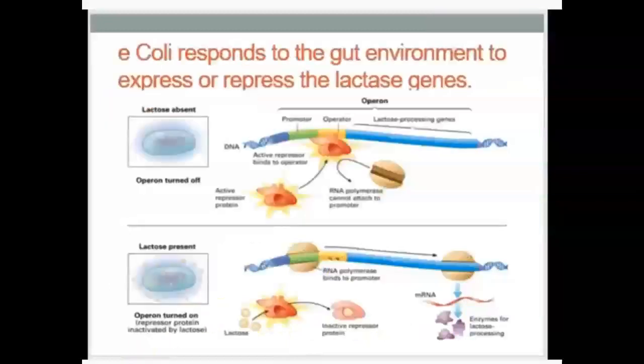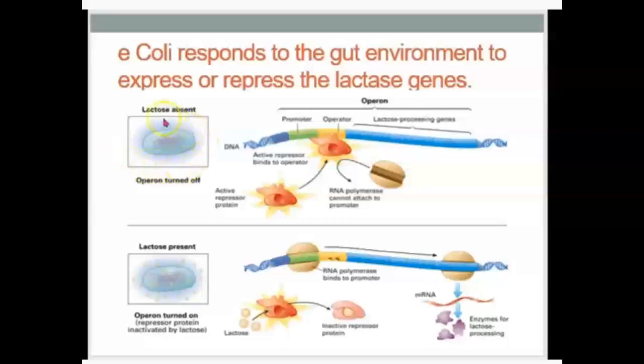E. coli responds to the environment it lives in, or your gut, in order to know whether to express or repress the lactase genes. E. coli prefer to eat glucose because it's the most simple form of sugar, but lactose is a collection of glucose and galactose, so it needs to be broken down before the bacteria can access the glucose.